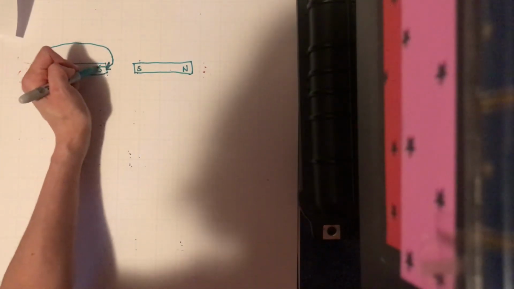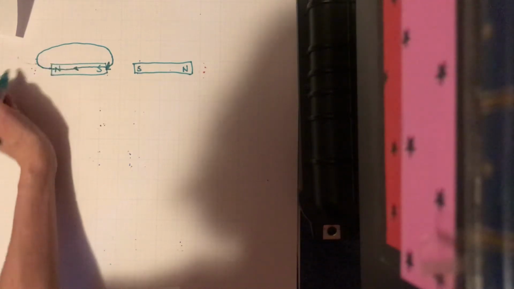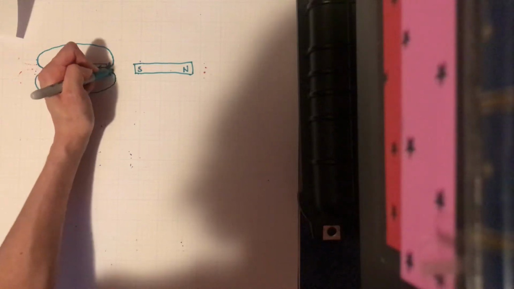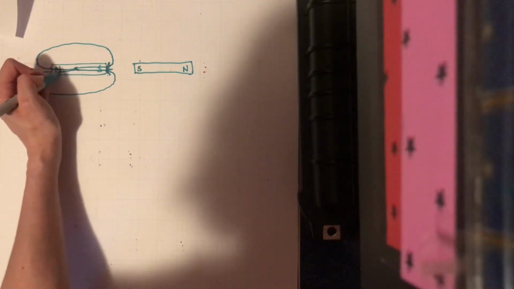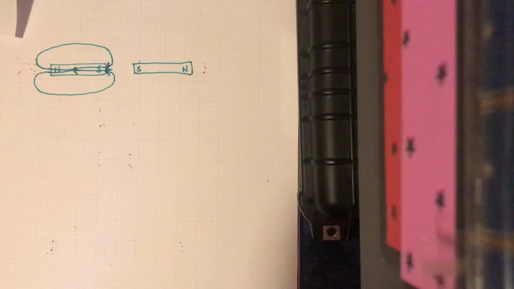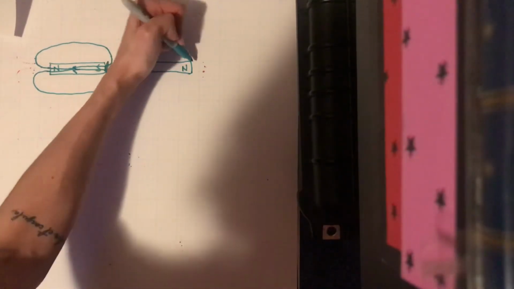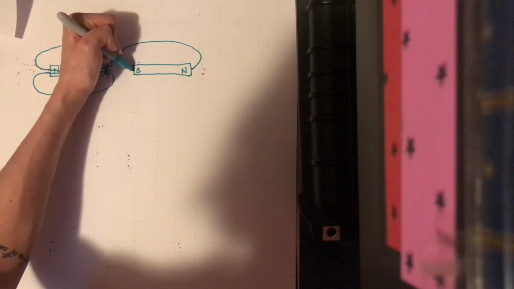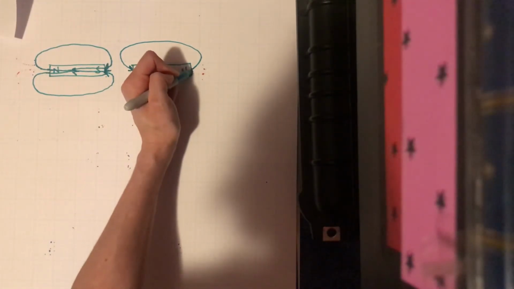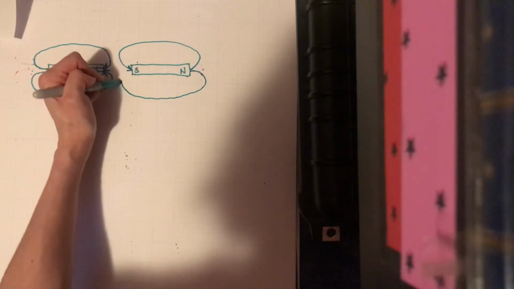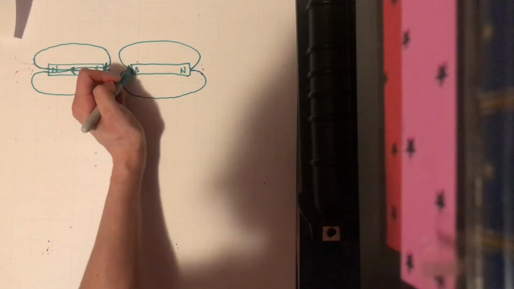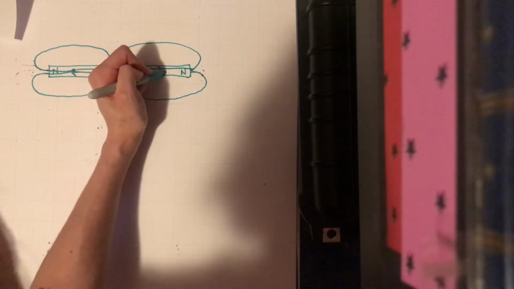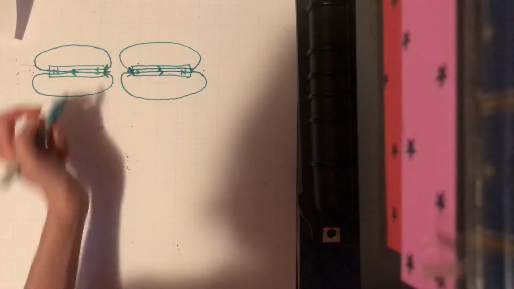Internal to the magnet, it is south to north, like that. External to the magnet, it's north to south. Internal to the magnet, it's south to north. Okay, same thing over here. External, it's north to south, internal to the magnet, south to north, just like that.